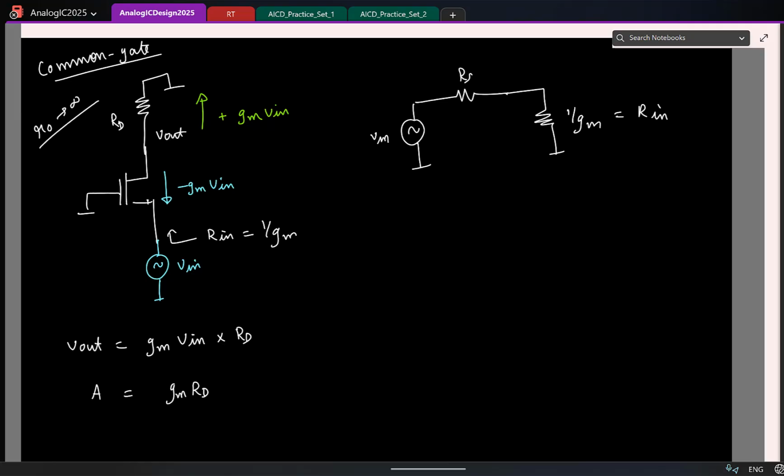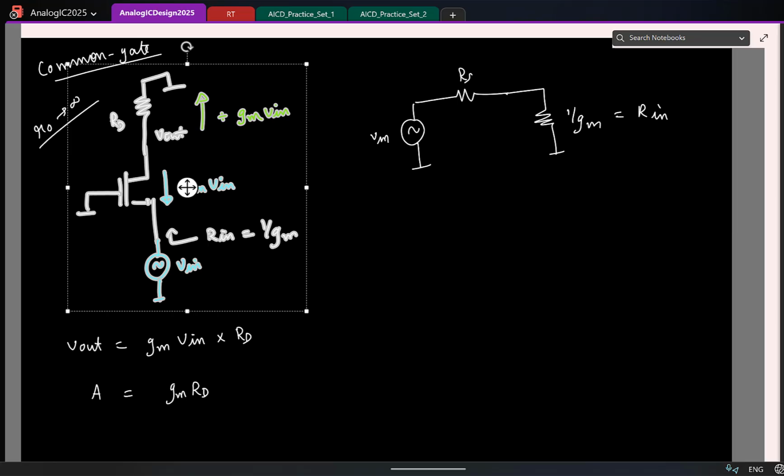Yeah, that is not something you want, because then only a small fraction of your input voltage appears. So that is one problem with this being used as a voltage amplifier.